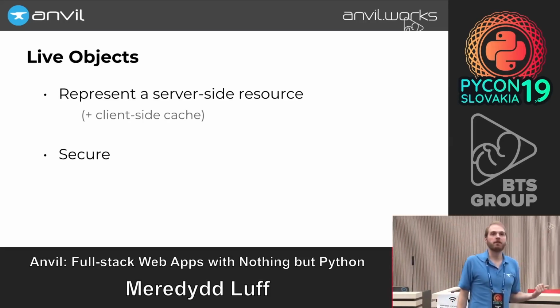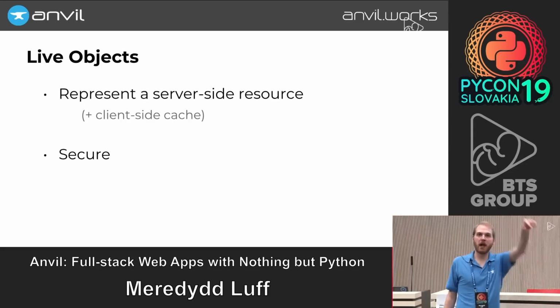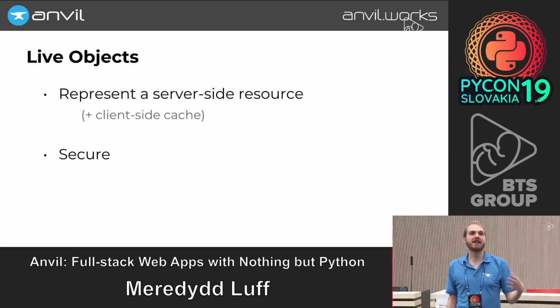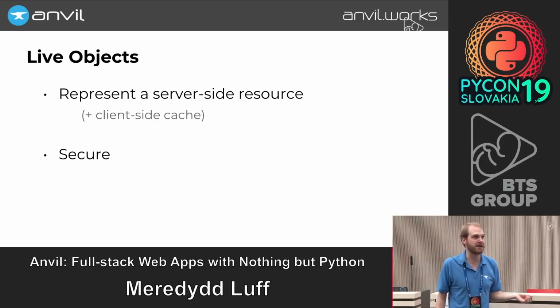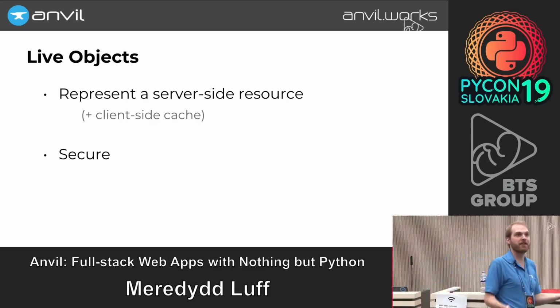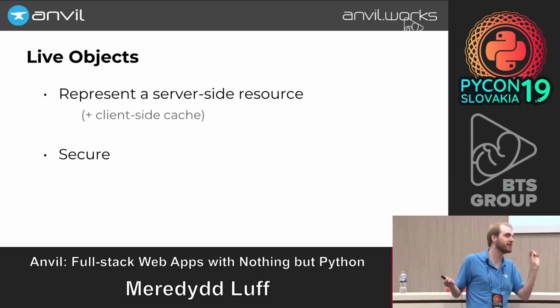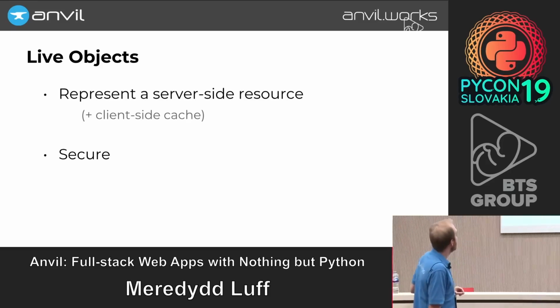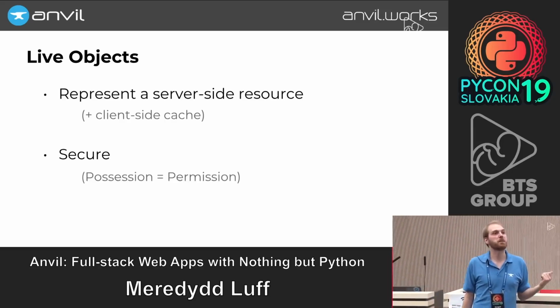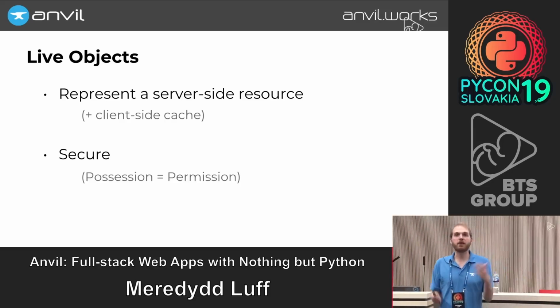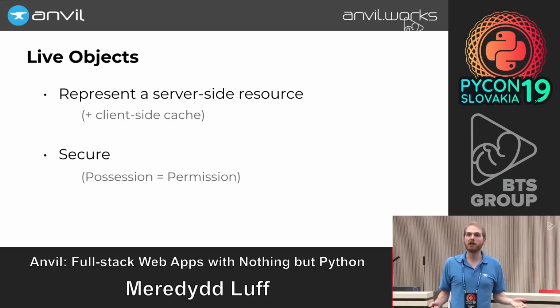They have to be secure, because just because we're allowing the client code to call methods on a database row doesn't mean that the client code should be able to call methods on any database row. Otherwise, every visitor has access to our whole database, which isn't exactly what we wanted. So we adopt the rule that possession is permission. In computer science, we call this a capability model.